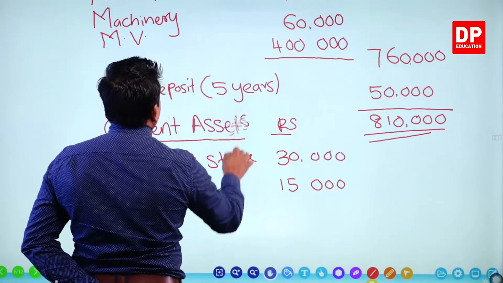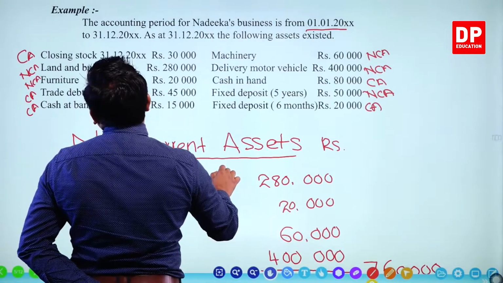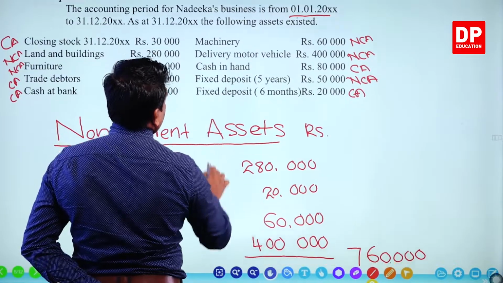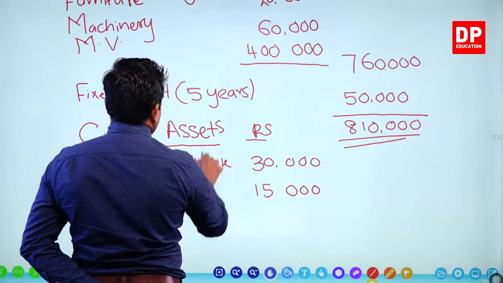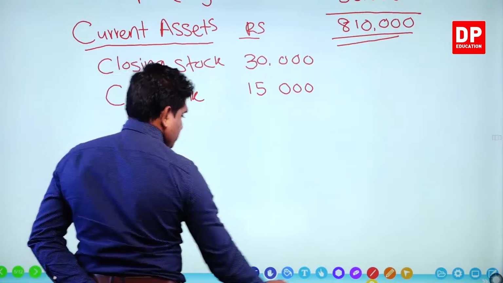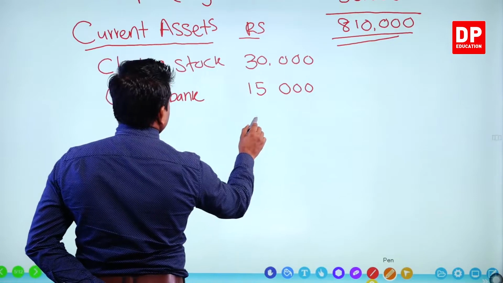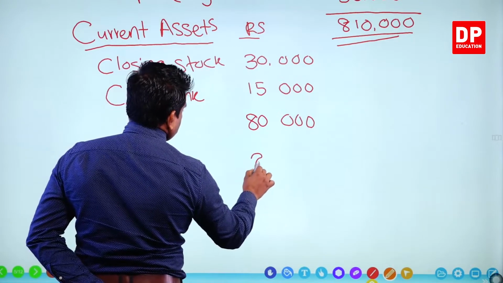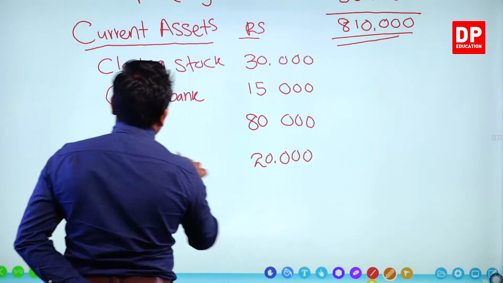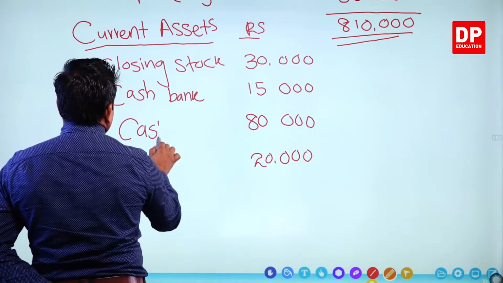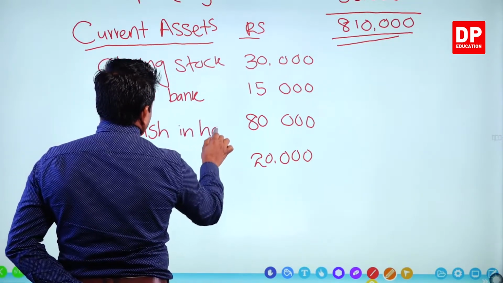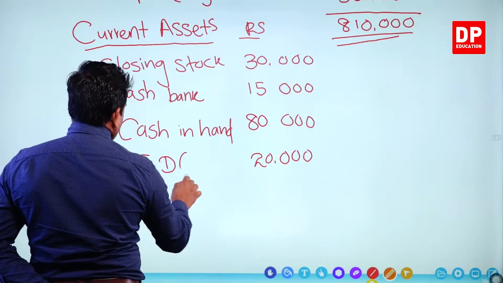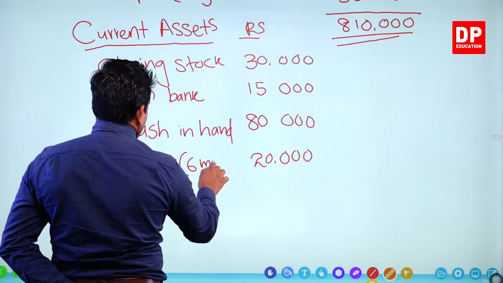Then the next one, cash in hand 80,000. Here fixed deposit, FD, but they are short term, right? 6 months one, so short term.